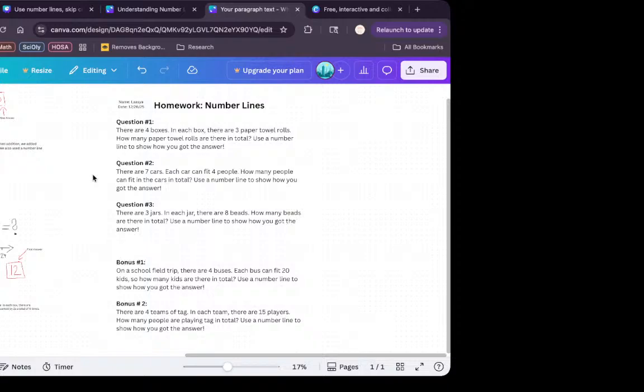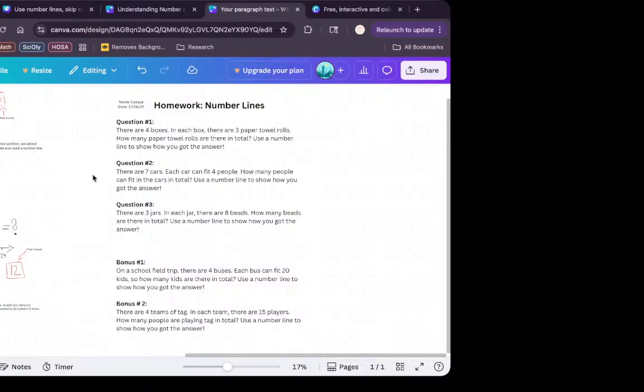So for the first bonus question, on a school field trip, there are 4 buses. Each bus can fit 20 kids. So how many kids are there in total? Use a number line to show how you got the answer.